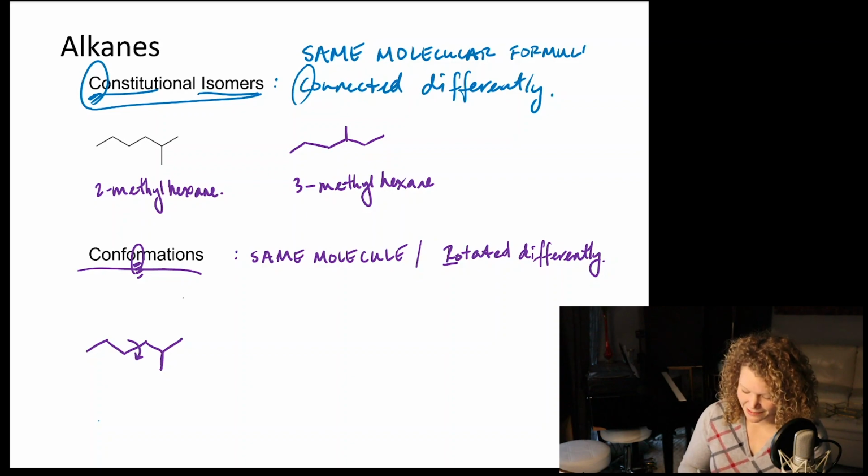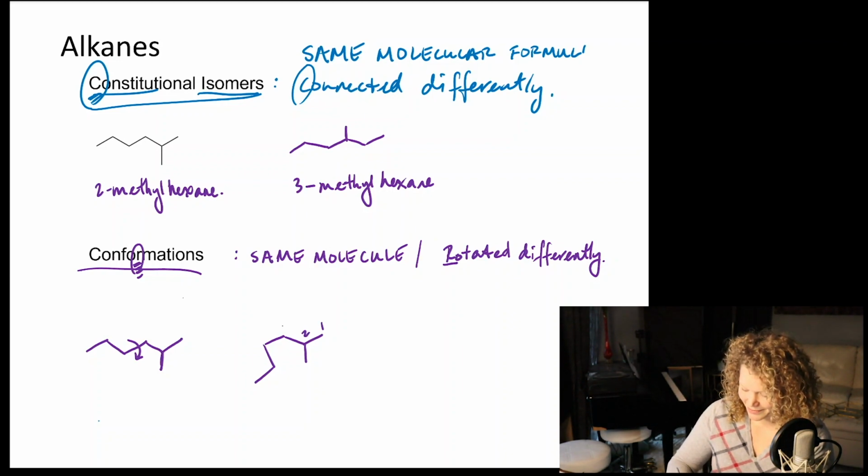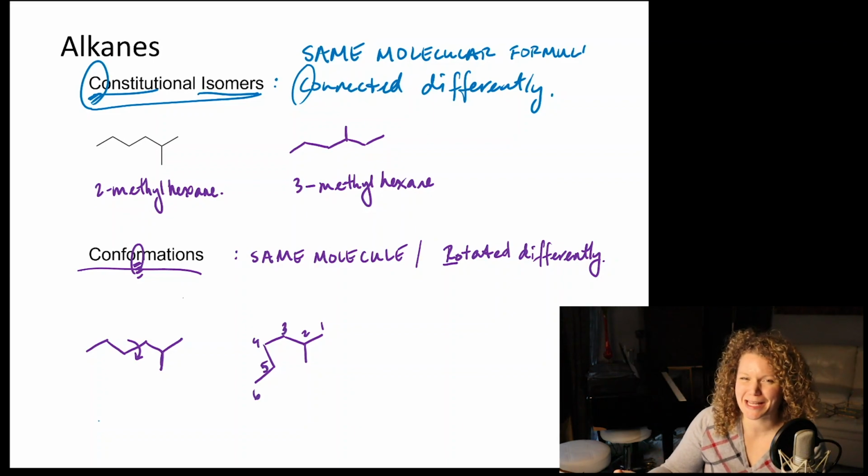If I rotate this bond here, I still have the 6 carbons that we talked about. So we still have the same compound. It just looks a little different. These are just conformers of each other.